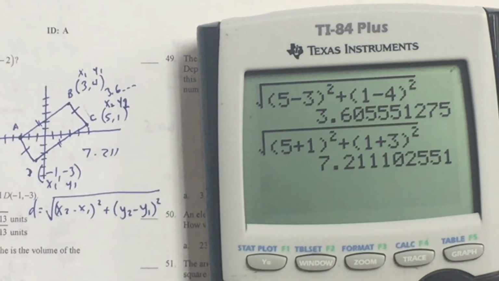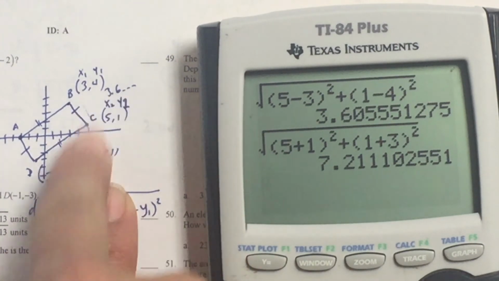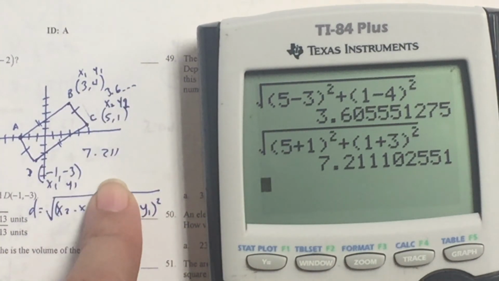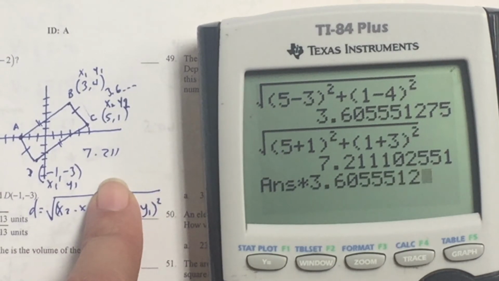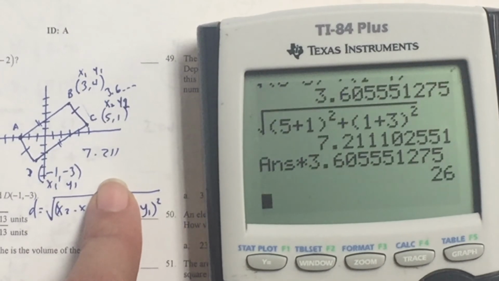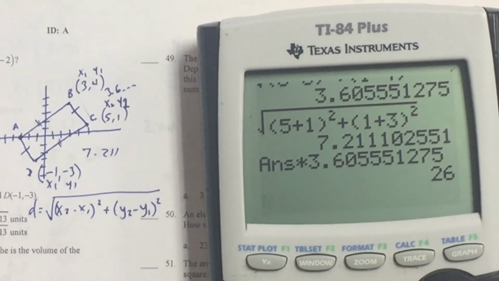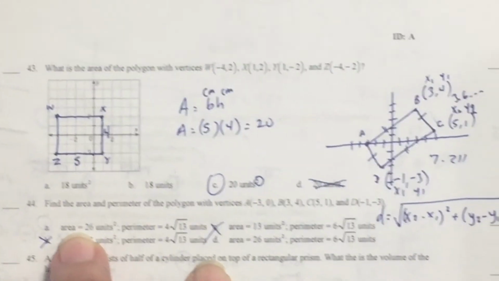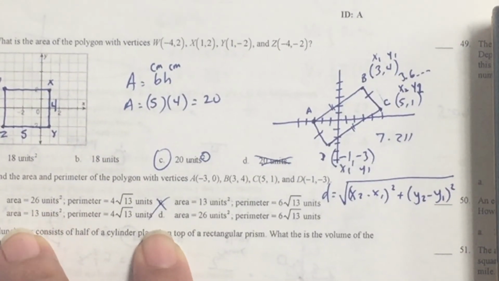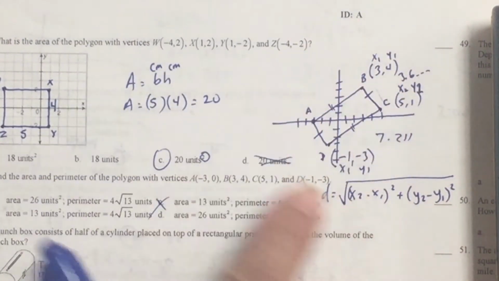Okay, so to find the area, we're going to multiply these two numbers, 3.6 times 7.2. So 26. So it's either A or C. All right, to find the perimeter, you add all of them.